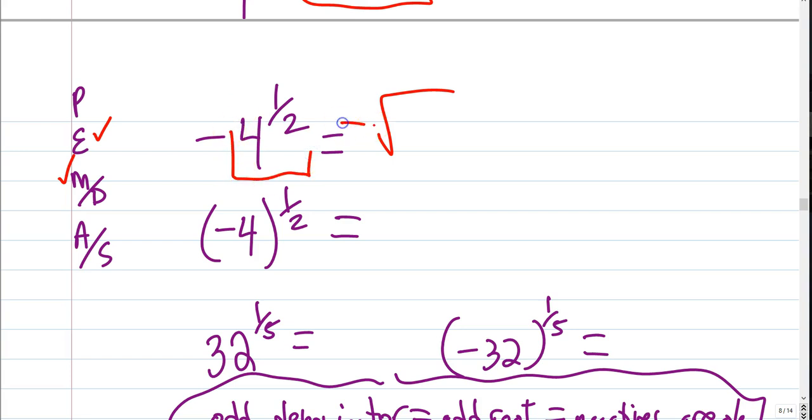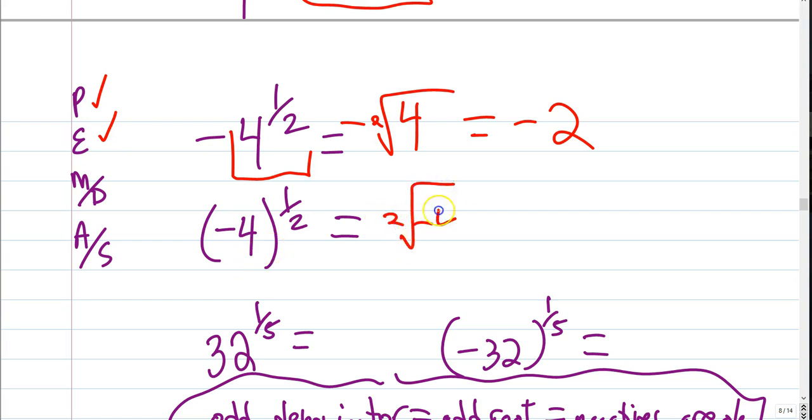So it's really negative square root of 4, which is negative 2. That is different than this next one, because what does the next one do? Well, it takes that negative 4 and puts it in parentheses, and parentheses come before exponents. So this time it would be the square root of negative 4, which we've already seen is not a real solution. Okay?